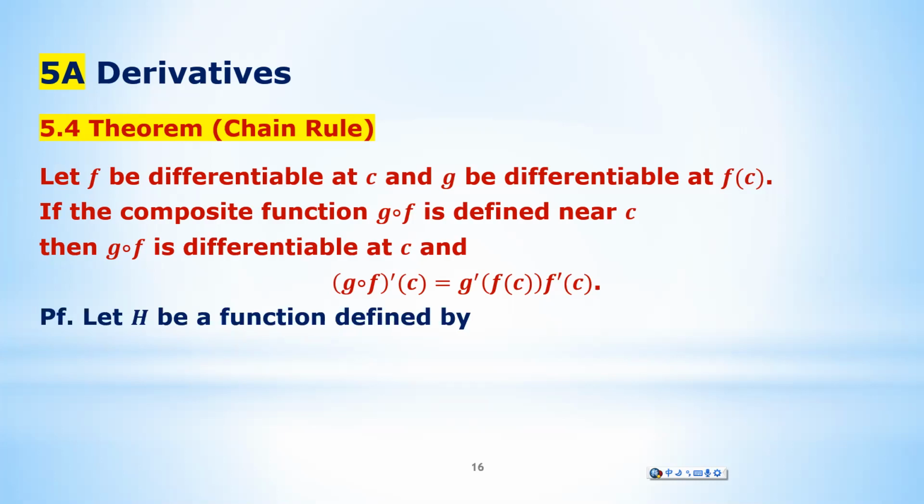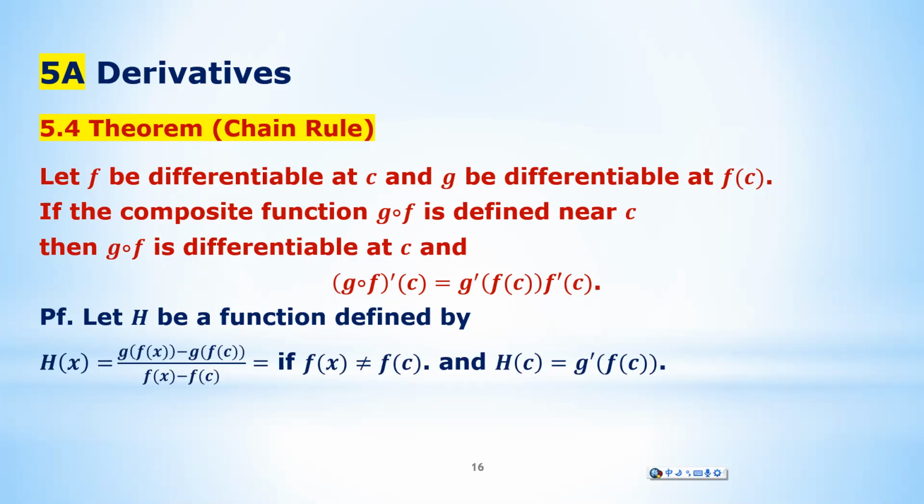Okay, sorry. So what we're going to do here is define a new function. Let h be a function defined by the following: h(x) equals the quotient of the composition functions, (g(f(x)) minus g(f(c))) divided by (f(x) minus f(c)).